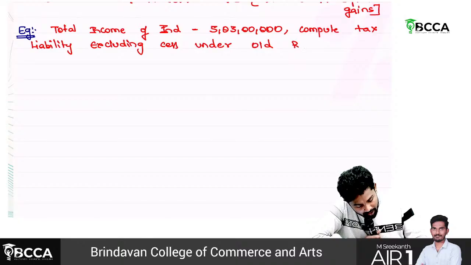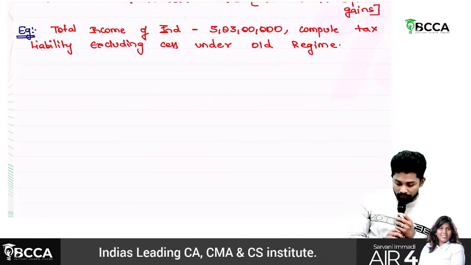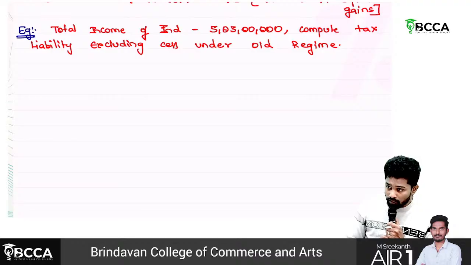Excluding cess under old regime. Total income of individual is how much? 5 crore 3 lakhs. Compute tax liability excluding cess under old regime.